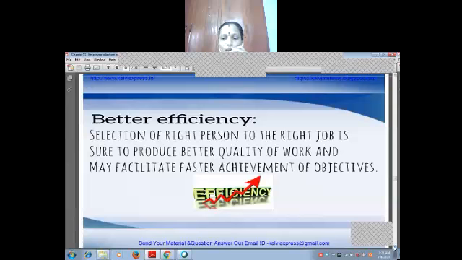No need to train him. He automatically will give a better quality of work and may facilitate faster achievement of objectives. So whatever the company's objective, they can achieve very easily. They can achieve the target very easily.